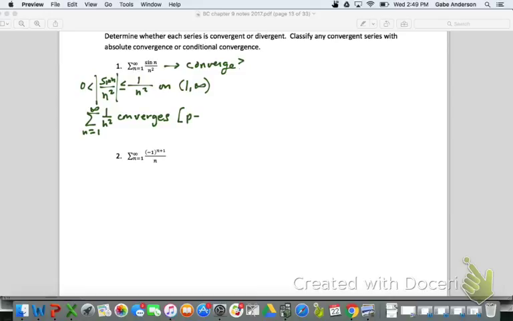So P-test, therefore, we can say that our original series, in absolute values, also converges. What would be the overall reasoning there? Comparison.